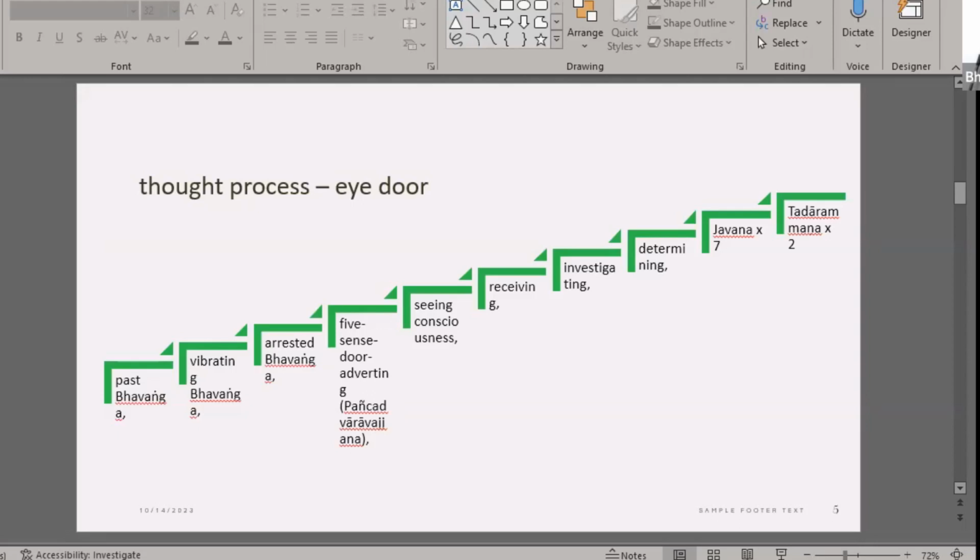Sleeping is like bhavanga chitta. The object falling down can be compared to the vibrating. Then he stops his sleeping, interrupting his sleep. He opens his covering, which is the ending of his sleeping.